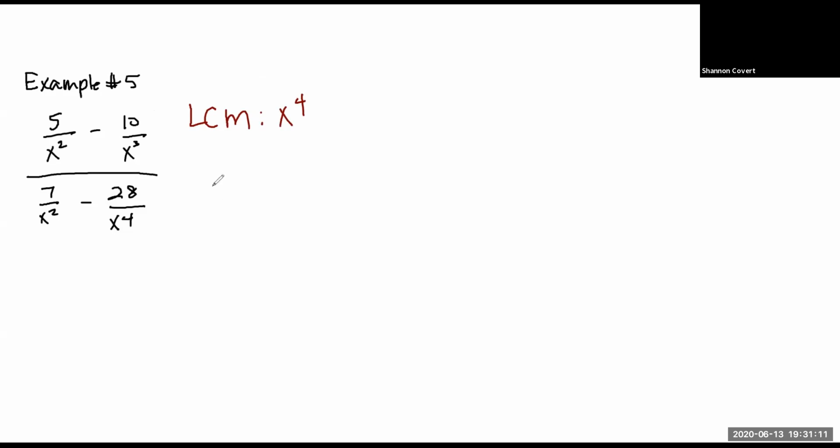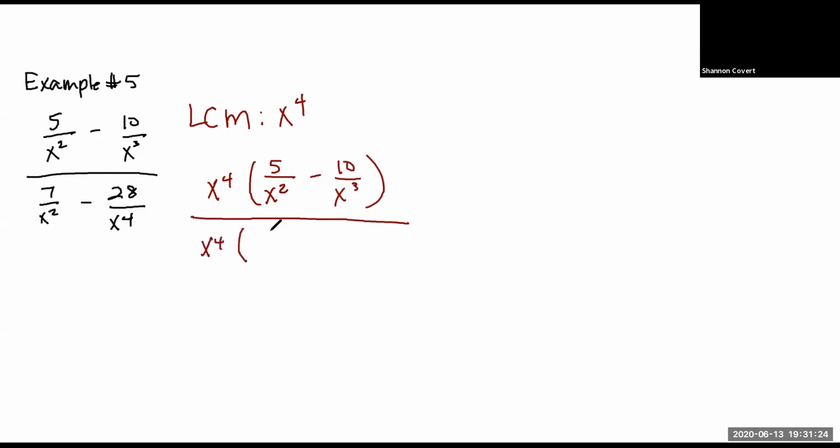So I am going to multiply x to the fourth times my numerator, which is 5 over x squared minus 10 over x to the third, over x to the fourth times that denominator, which was 7 over x squared minus 28 over x to the fourth. When I distribute, x to the fourth times 5 over x squared leaves me with 5x squared.